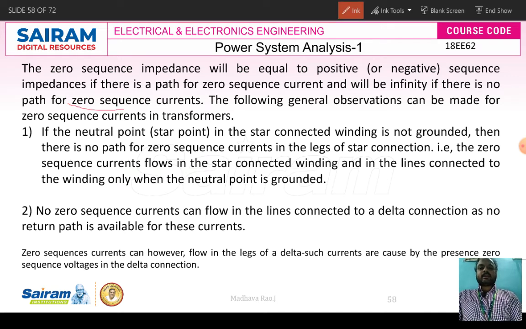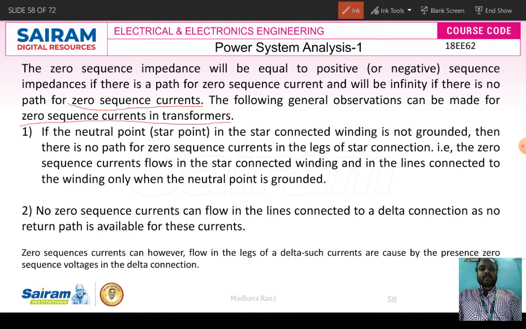If there is no path for zero sequence currents, the following general observations can be made for zero sequence currents in a transformer. These are used to find out the zero sequence current in the transformer.